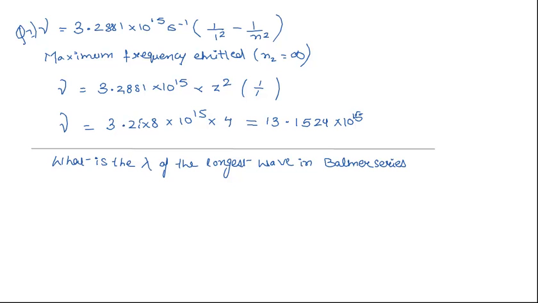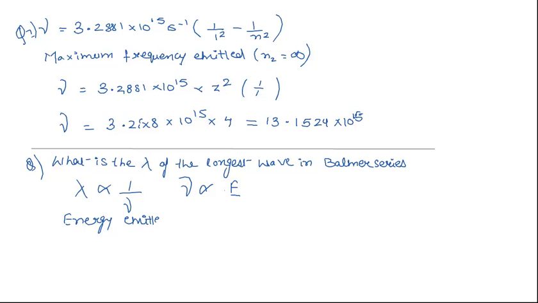Now what we would have done: the wavelength is inversely proportional to frequency, and frequency is directly proportional to energy, right? We can say here that your wavelength is inversely proportional to frequency of light, and this frequency is directly proportional to energy. Okay, so when will the longest wave be emitted?